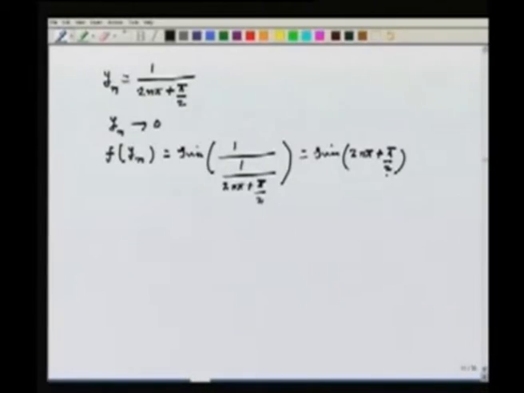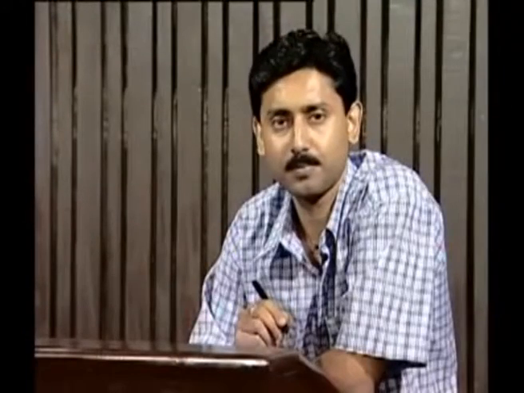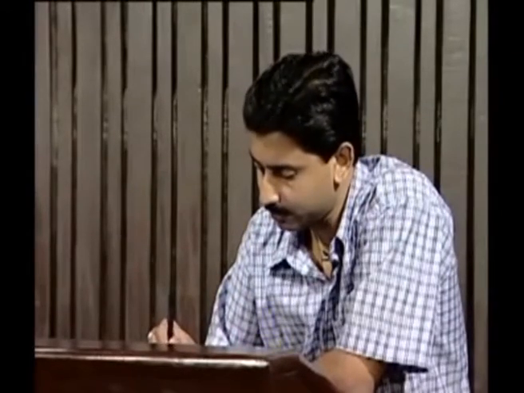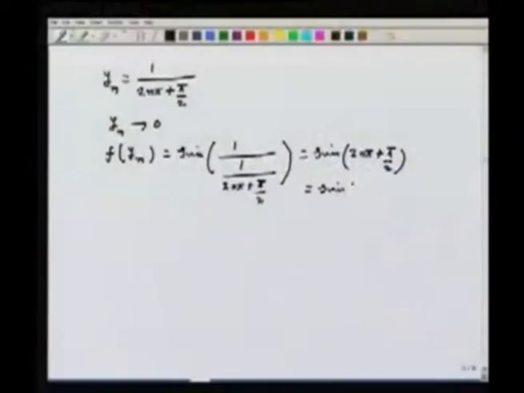But all of us know that sine of 2n pi plus theta is sine theta. So this is sine pi by 2, which is equal to 1.